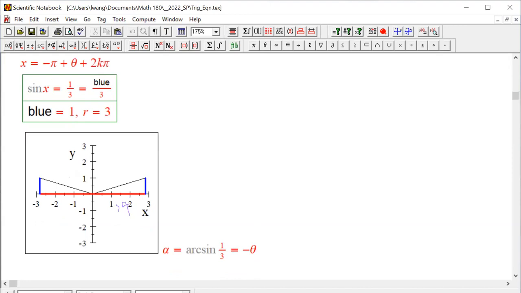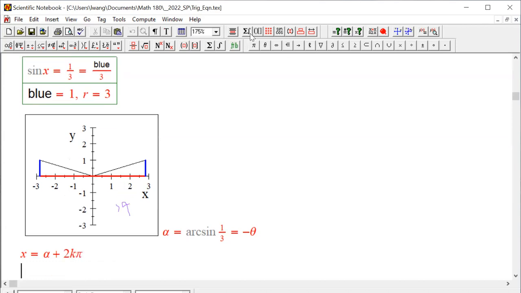Okay, so the solution can go like this. Of course, one solution would be x equals alpha plus 2k pi. And the next one will be x equals this other terminal, right?